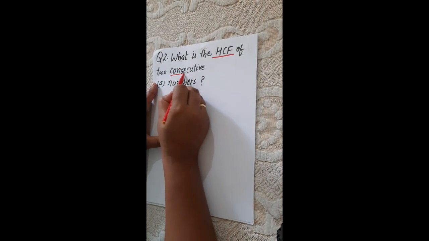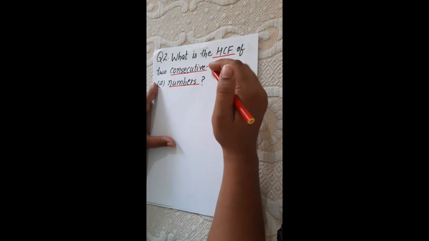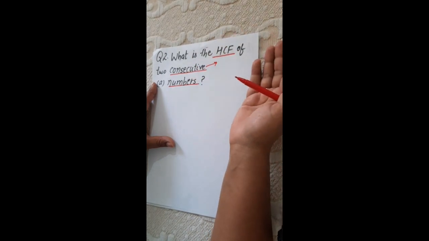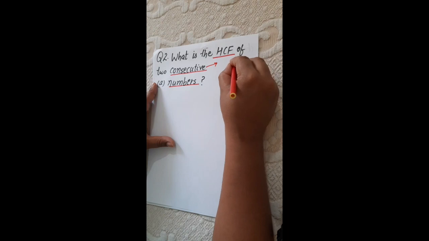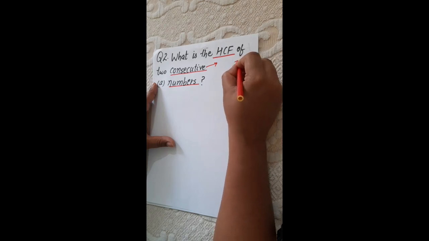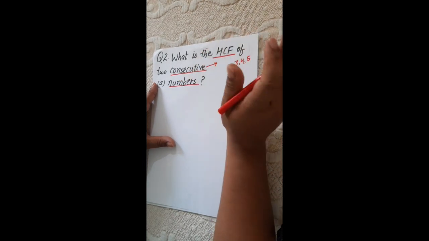Consecutive means just the next numbers. Suppose we have 3, the next number of 3 is 4. Then after 4 we have 5.